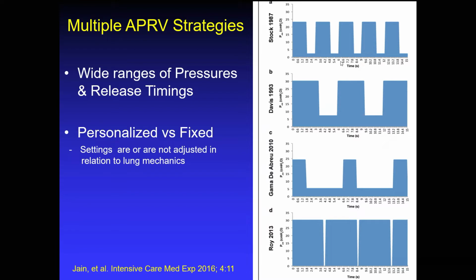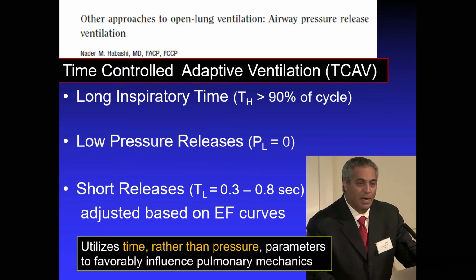And so each of these waveforms, which you see here, these pressure waveforms, which are quite different, have fallen at different times under the nomenclature of APRV. So when I say that I think we need to transition to airway pressure release ventilation as the primary vent mode on our trauma service, I'm specifically referring to TCAV, time controlled adaptive ventilation, APRV, as described and popularized by the Baltimore Shock Trauma Group.